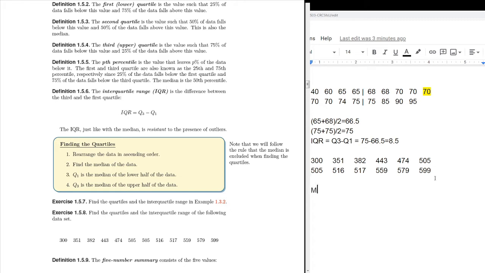So the median is going to be 505 plus 505 all over 2, which is 505. Since the median is the average of these 2 values, the median is sitting in between these 2. So I'll make a line which will indicate the median.